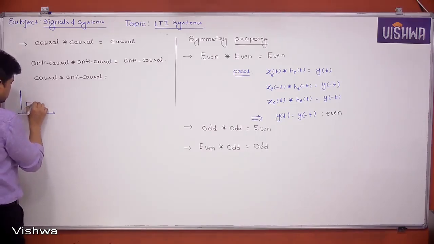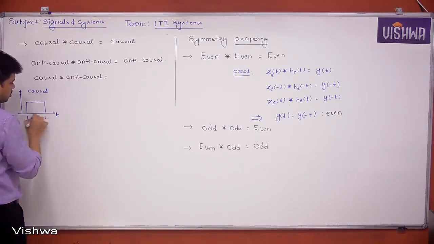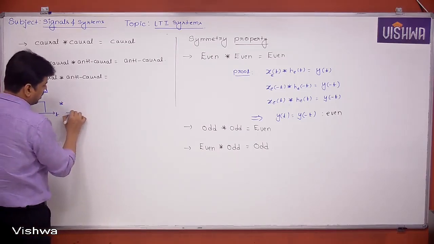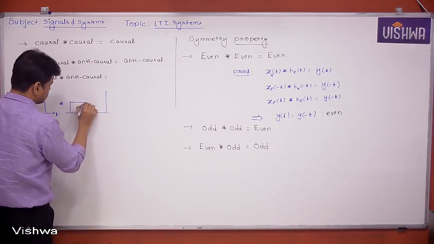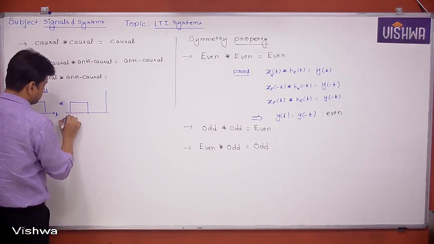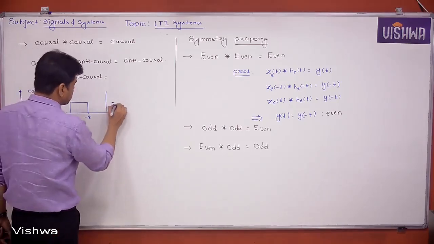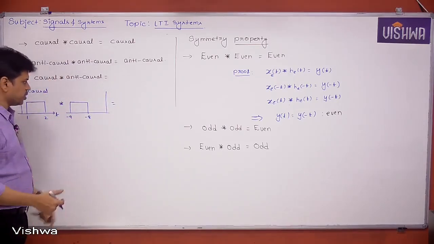If a signal exists only between, let's say, 1 and 2, it is a causal signal, because it exists only for positive values of time. If it is convolved with another signal which exists only for negative values of time, let's say -9 to -8, then what is the result? I told you, two rectangular pulses of equal width get convolved, we are going to get a triangle.